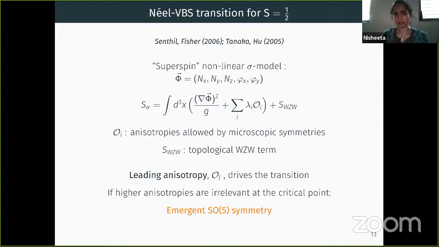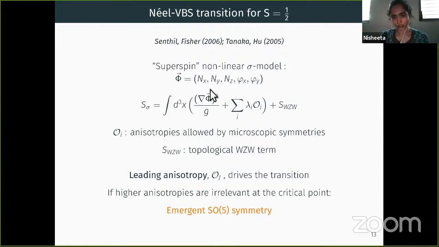So here you have a 5-component super spin, and the first three components are the Néel order parameter, and the last two components are the two components of the VBS order parameter. And so the action is given by a nonlinear sigma model in this super spin.